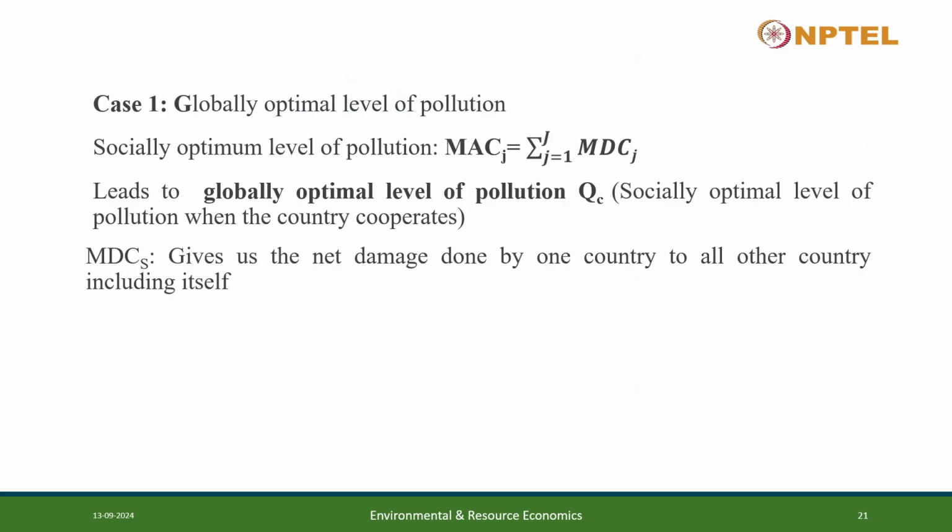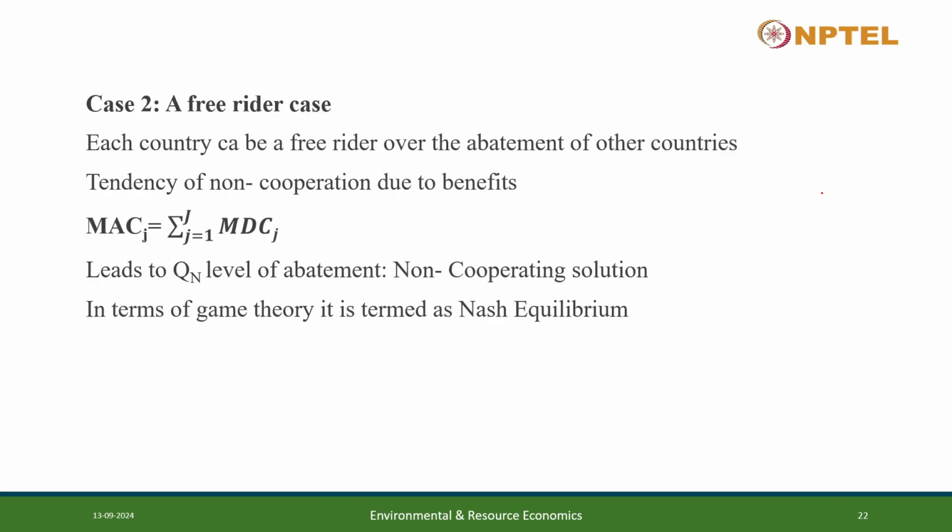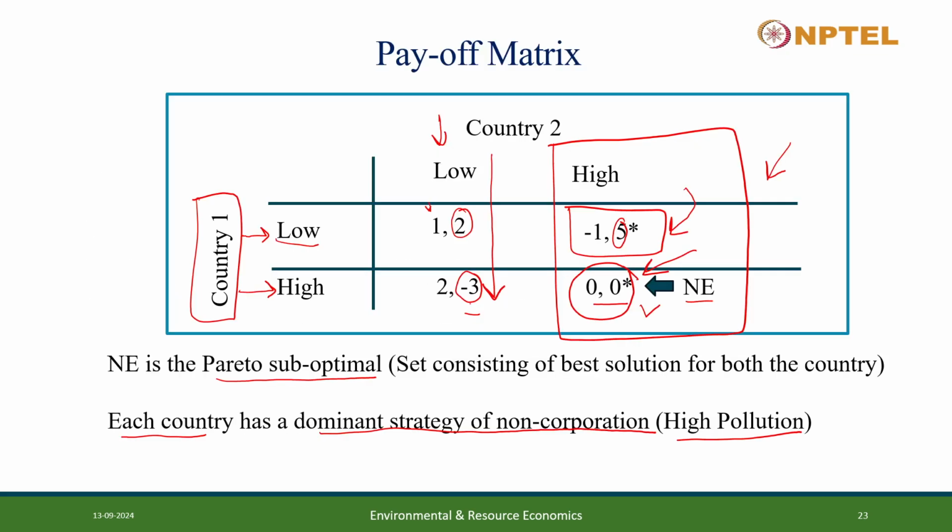When the globally optimum level of pollution is determined, we equate this with the sum of MDC, so we get QC, the socially optimum level of pollution. However, if we equate only the marginal damage for country J, not the sum, we reach the non-cooperating solution, which is known as Nash equilibrium.